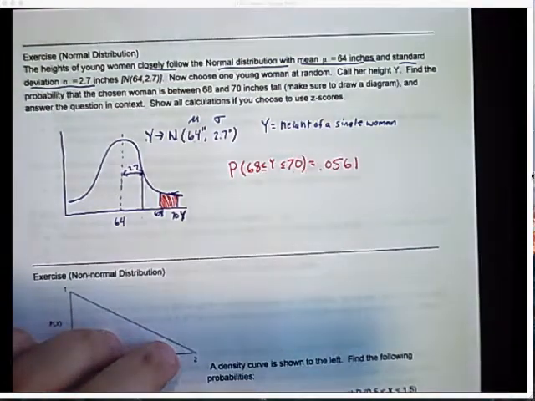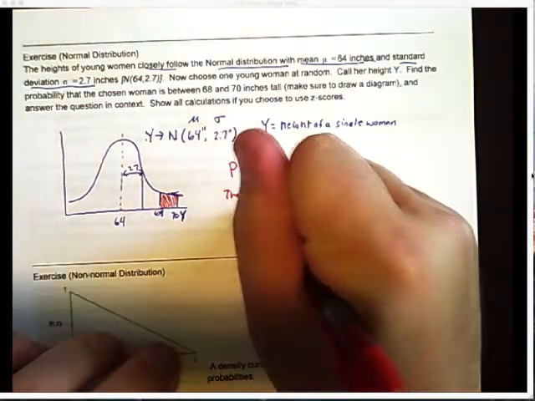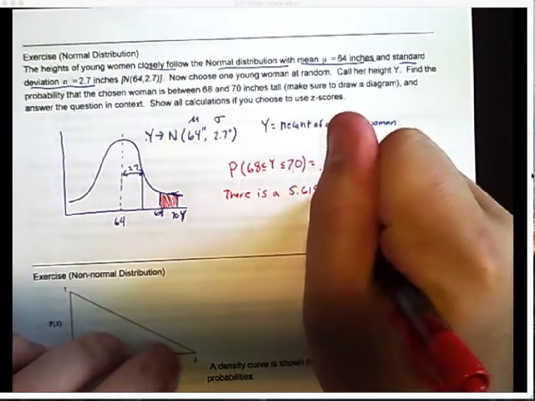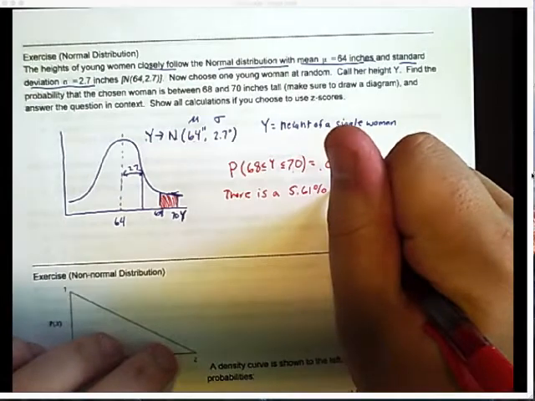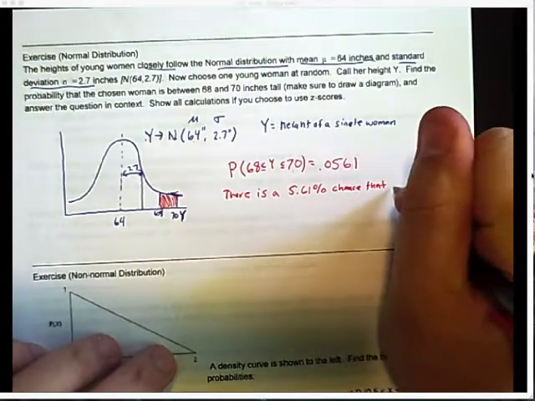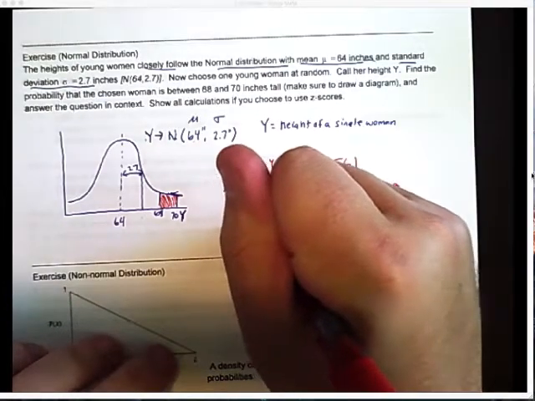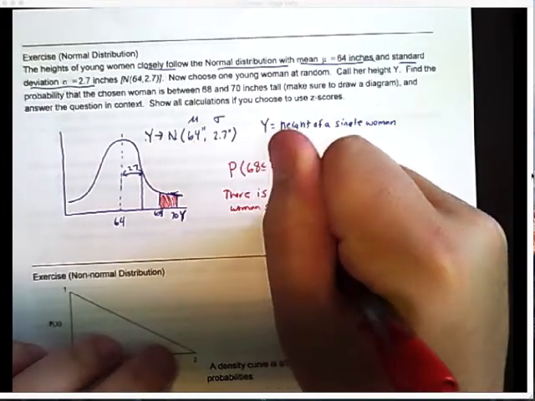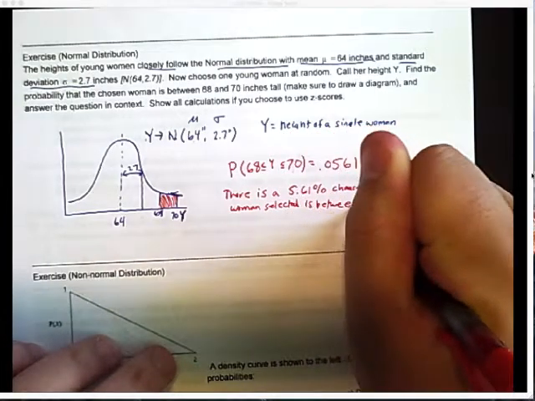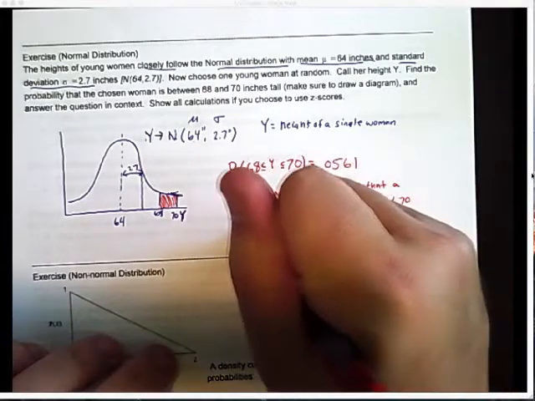Okay, there's the probability. Let's change this into percent. There is a 5.61% chance that a woman selected is between 68 and 70 inches tall.